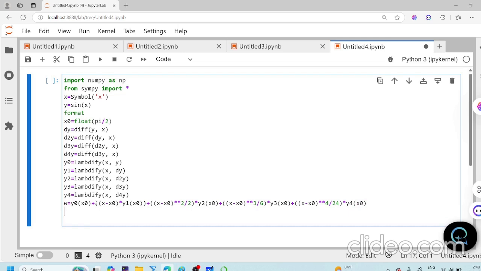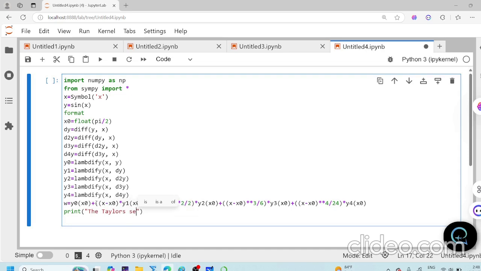Now I have to print this. So for that, I'll write print within single quote or double quote. You can use both the syntax, single quote or double quote. The Taylor series, don't use apostrophe here.